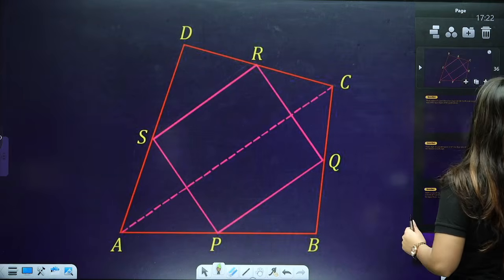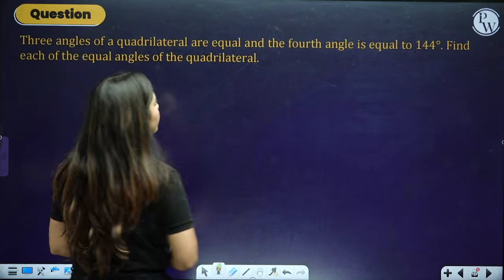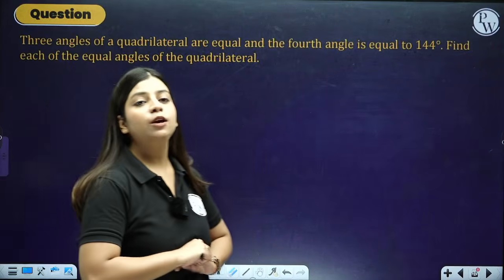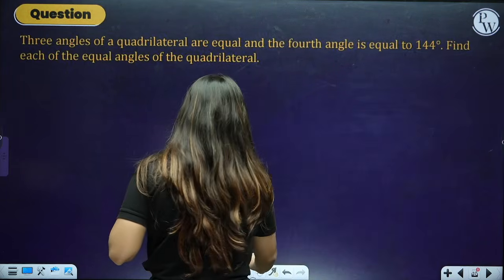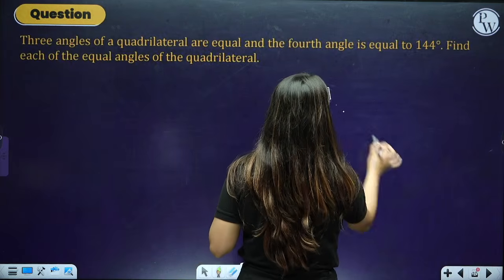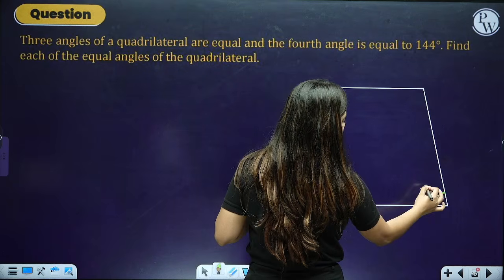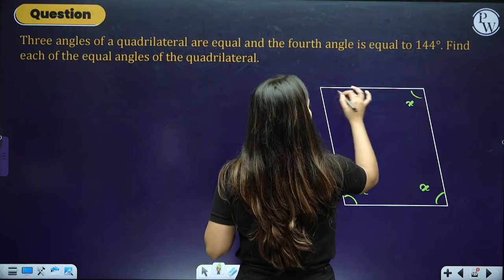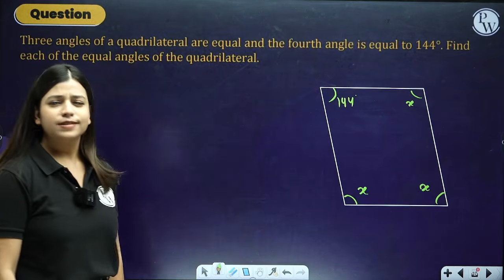Okay. Now the next question says, 3 angles of a quadrilateral are equal and the 4th angle is 144 degrees. Now, what does this question say? That we have a quadrilateral and in this quadrilateral 3 angles are equal to each other and the 4th angle measures 144 degrees. Simple.